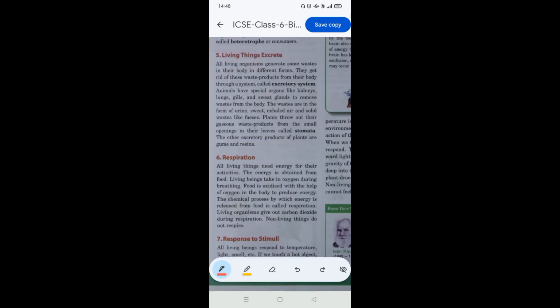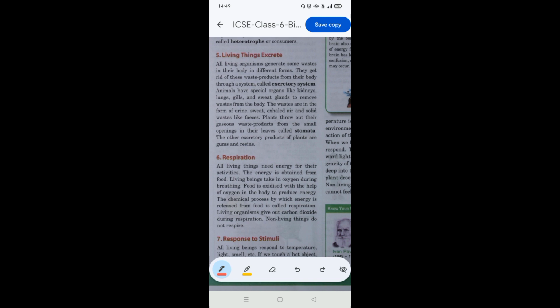So, moving on, the fifth characteristic is living things excrete. All living organisms generate some waste in their body in different forms. They get rid of these waste products from their body through a system called the excretory system. Animals have special organs like kidney, lungs, gills, and sweat glands to remove waste from the body.